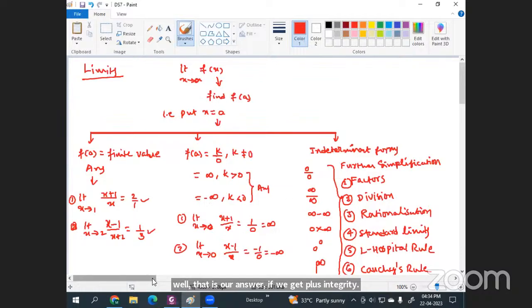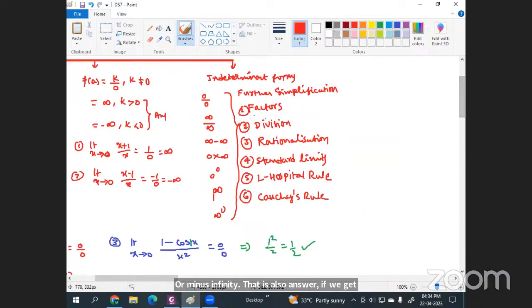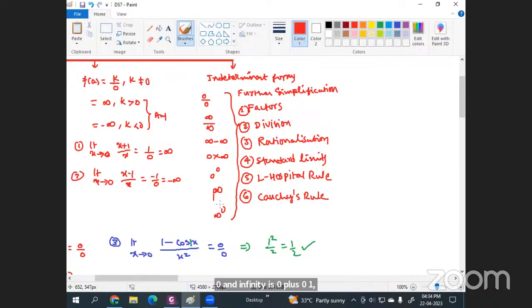If we get indeterminate forms, then what are the indeterminate forms?